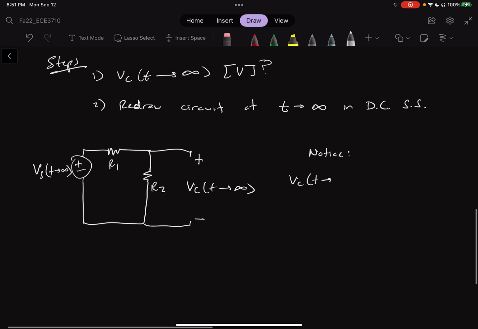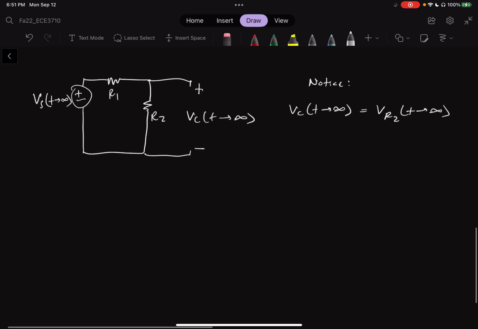Vc of t approaching infinity is equal to the voltage of R2 as time approaches infinity. And we can use the voltage divider law to solve for voltage across R2 for t approaching infinity.